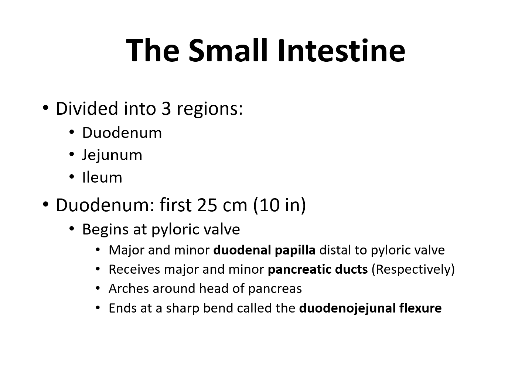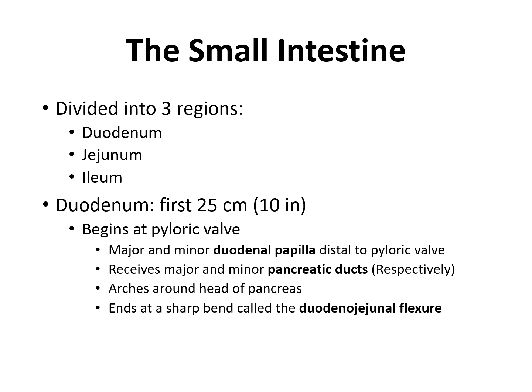So the small intestines, it begins at the pyloric sphincter. And then it will arc around the head of the pancreas and it passes to the left. It's going to end at a sharp bend that is called the duodenojejunal flexure. Right, that's a mouthful.